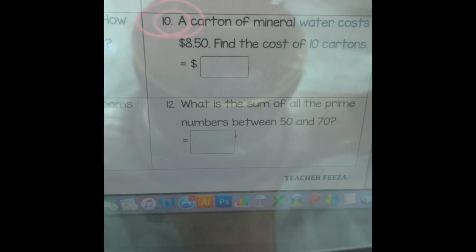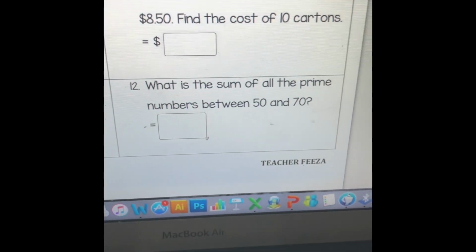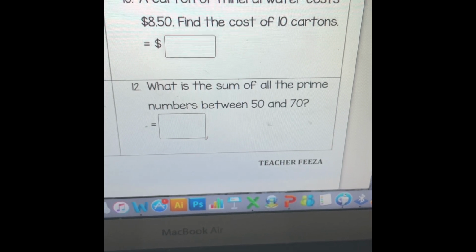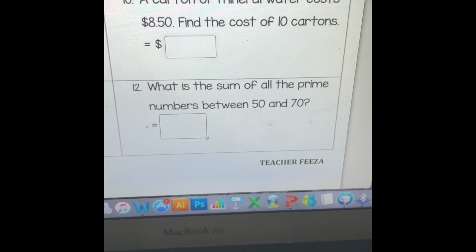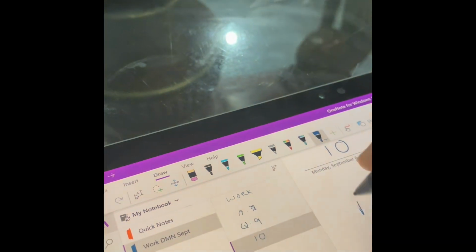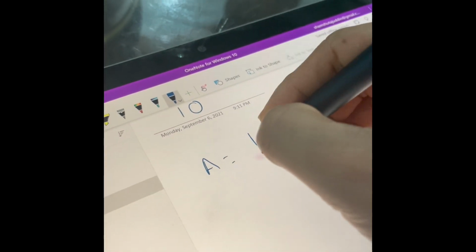Okay, let's look at question 10. A carton of mineral water costs $8.50. Find the cost of 10 cartons. This is also similar, there is the word "a". A is also what? A is also 1.